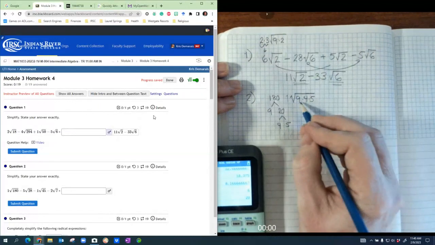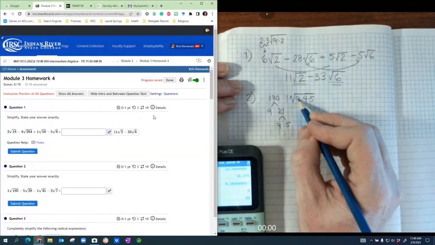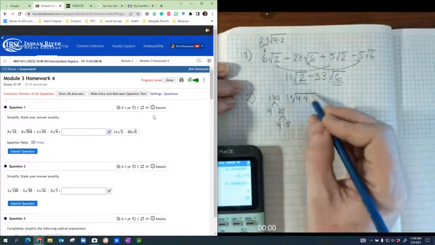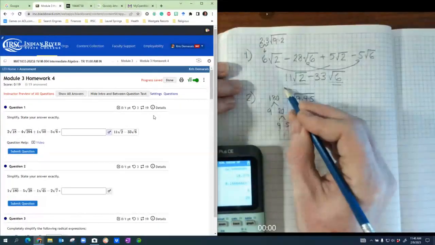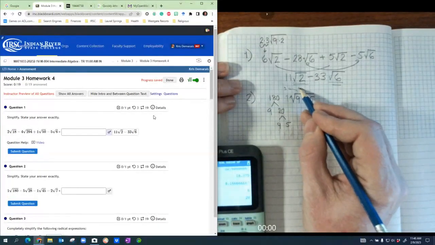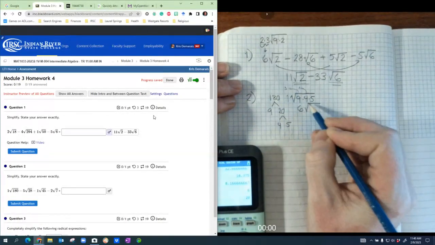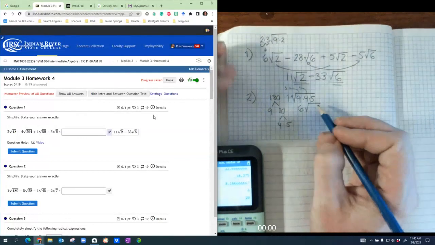So 180 is this, right? So what's the square root of 9? It's 3. So 3 comes out as well as a 2 comes out. So 2 times 3 is 6. So right now, I know that 6 squared is 36.